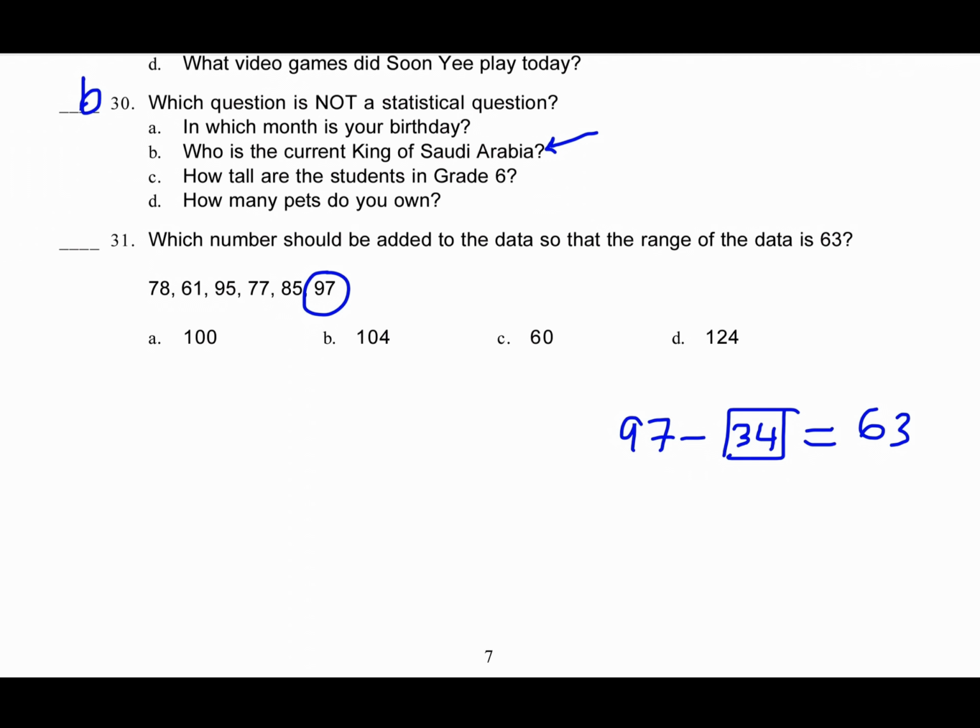But actually we don't have 34 in the choices. So the other way is to ask which number of the choices minus 61, the least number, equals 63. Here 63 plus 61 is 124, and this number exists here. So the answer would be D.